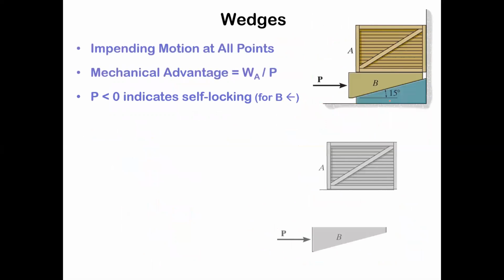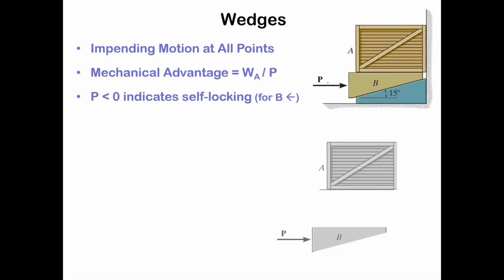They've got this thing with a wedge. Does your hand have a wedge thing on it? Yeah. So wedges are interesting devices. It's an example of mechanical advantage because the weight of the crate and the P is scaled. So this angle helps that mechanical advantage.